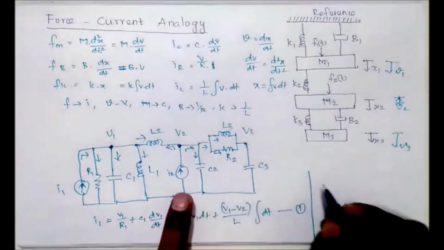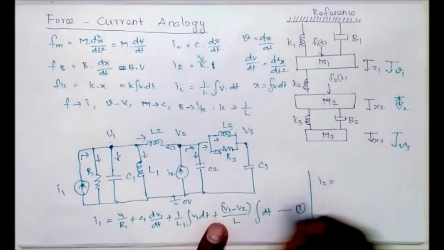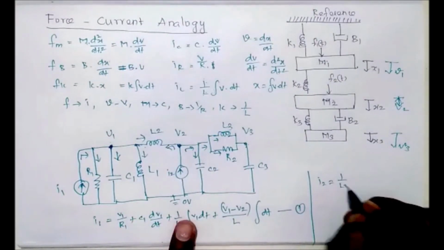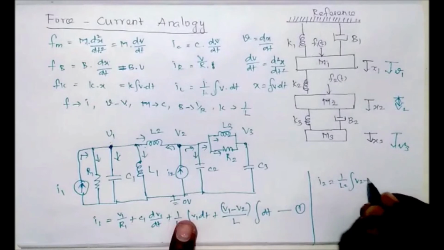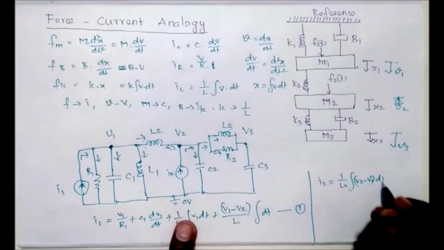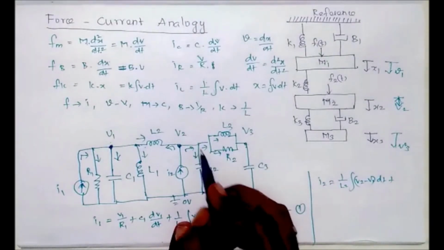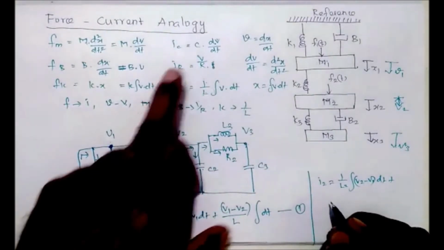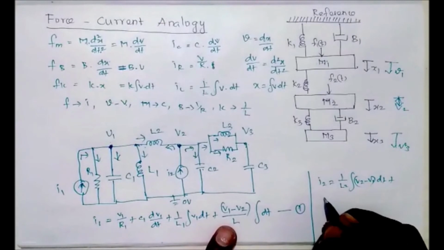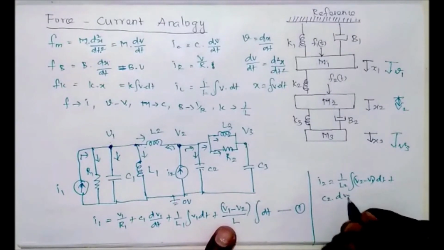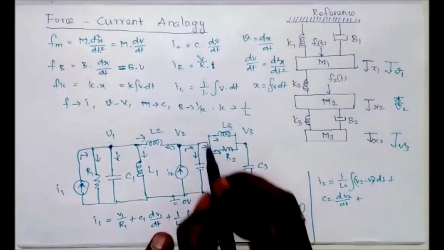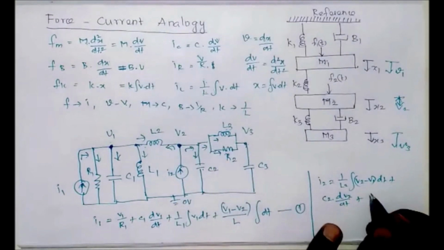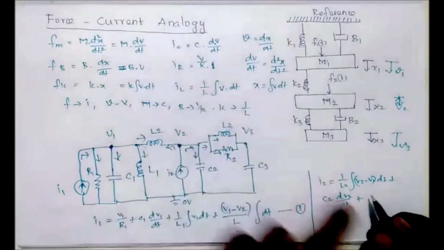For node 2 we can write, this is the input current I2 equal to, this is a common node, therefore 1 by L2 into integral of V2 minus V1 into dt plus one more, this C. So now C is for C2, IC2 equal to C2 into dV2 divided by dt plus, here there are 2 elements which are common to this node and this node, therefore current through inductor equal to this one.